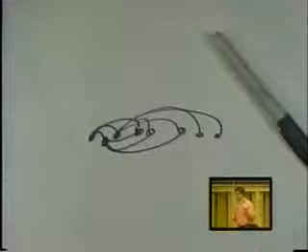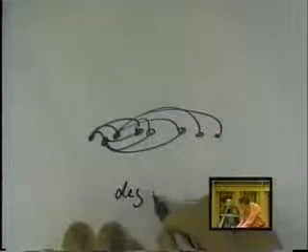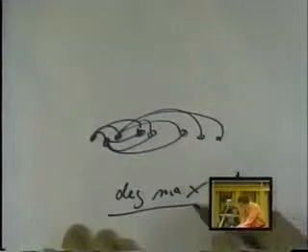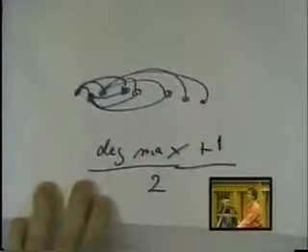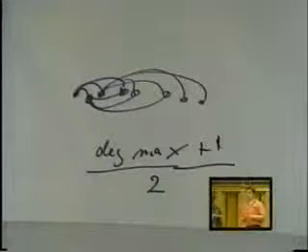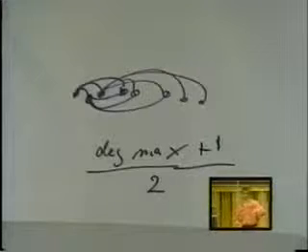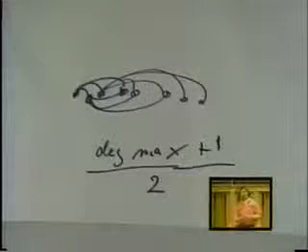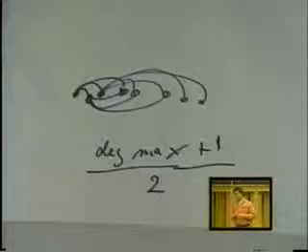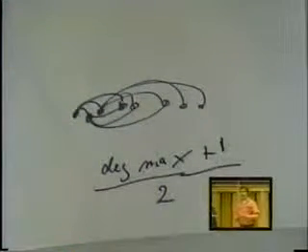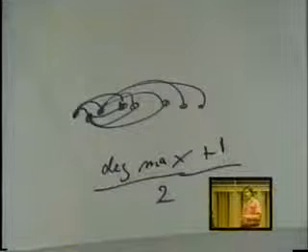And you can at least say something: the maximum degree plus 1, over 2, is a lower bound to your bandwidth. The best case would be you have half of them to the left and half of them to the right of that vertex with the highest degree. So whenever you reach a solution which is equal to the optimum, you can stop right away. You don't have to do any more work.